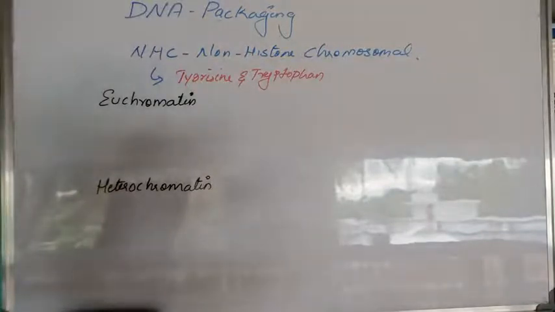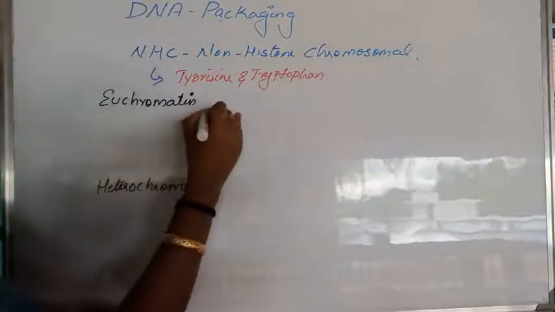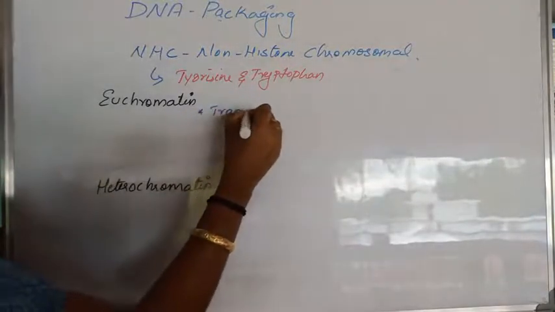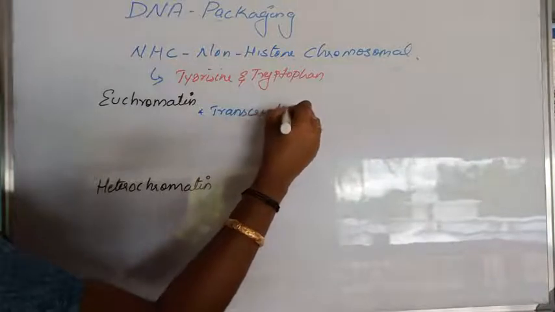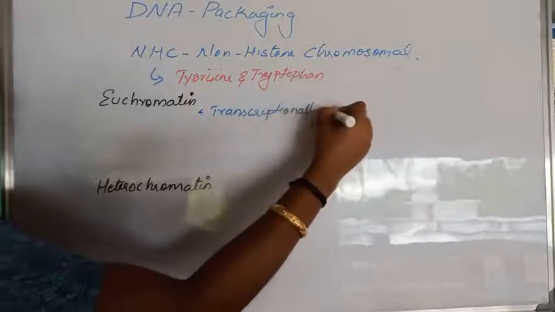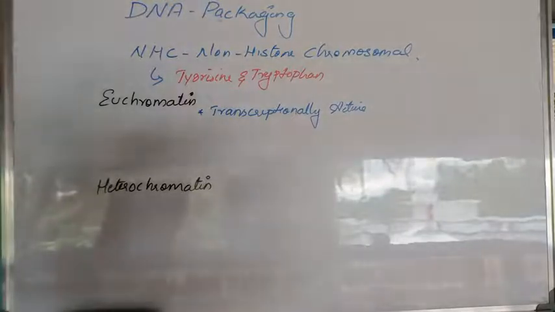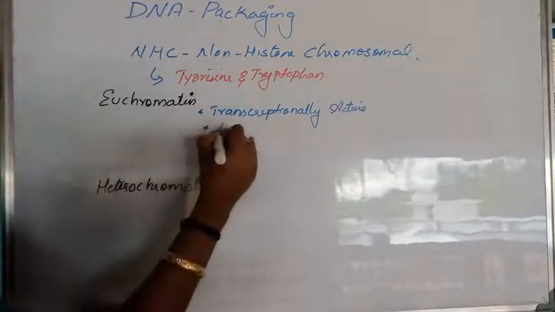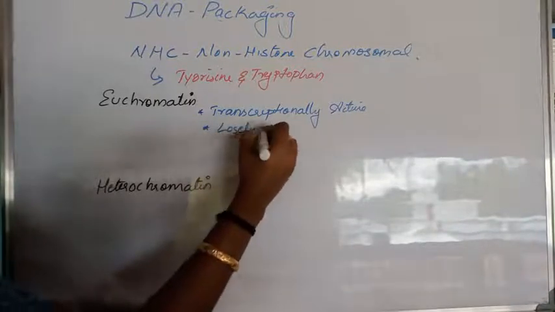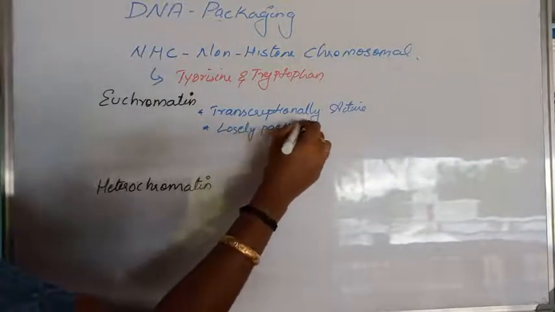Euchromatin is transcriptionally active DNA. It is loosely packed and rich in gene concentration.